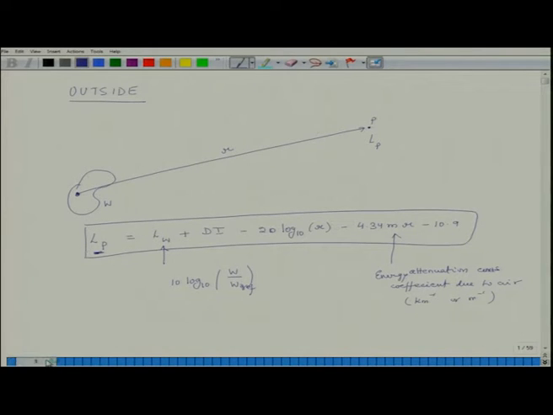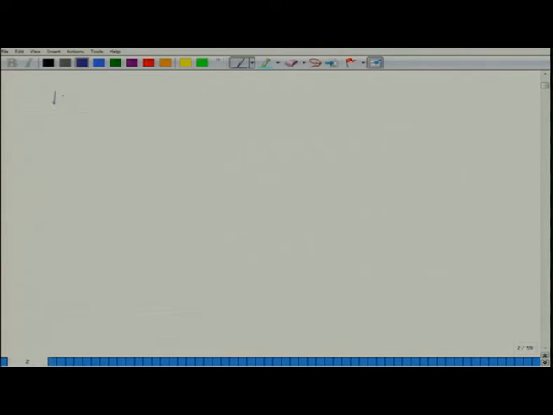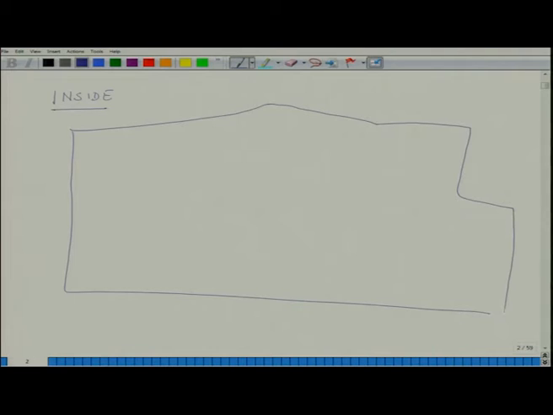Now, similarly, the question is what happens when we are inside a closed room? So, again I will pose a problem. Suppose there is a closed room and this room may not be necessarily rectangular.